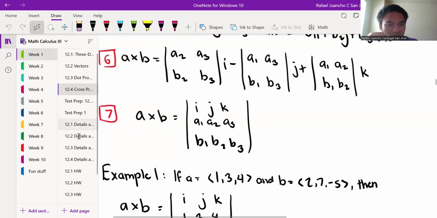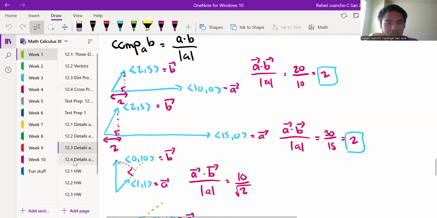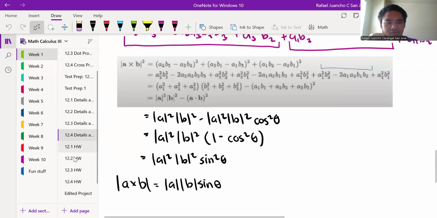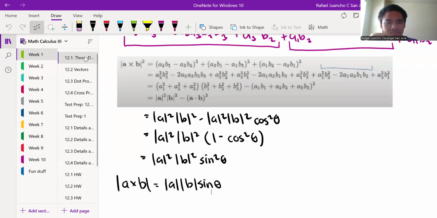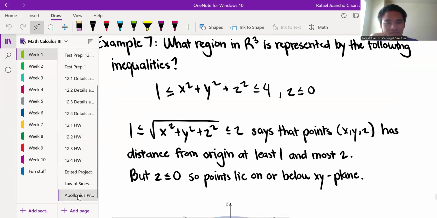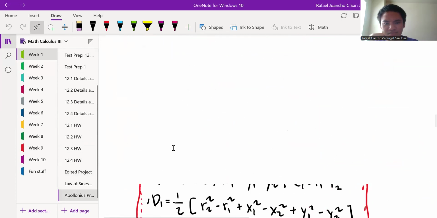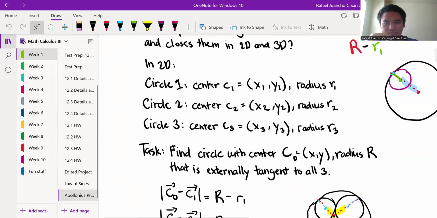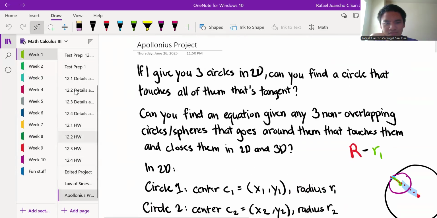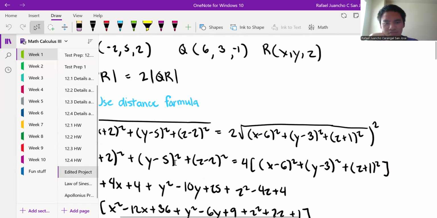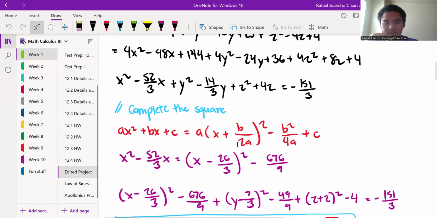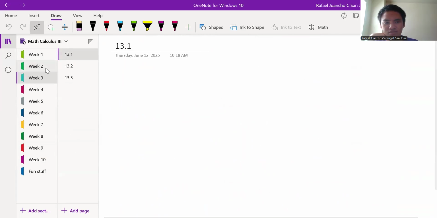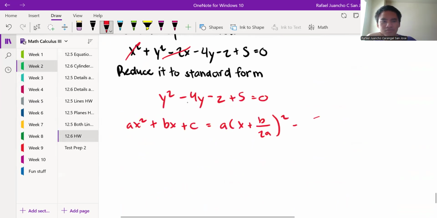I forgot what the formula was. Where was it? Oh, there. Minus b squared over 4a.